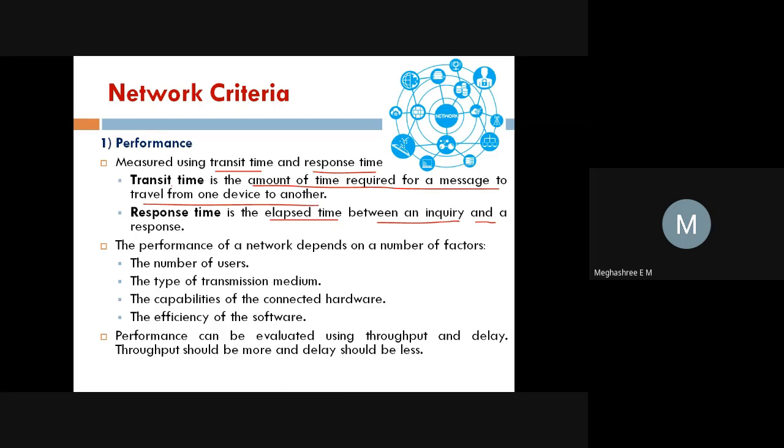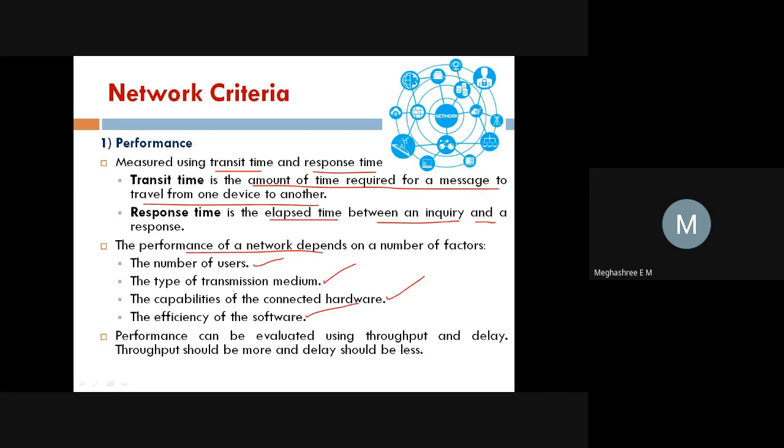That is with respect to transit time and the response time. And the second thing is the performance of the network depends on the number of users that it supports, the type of transmission medium that it follows, the capability of the connected hardware, and the last one is the efficiency of the software.